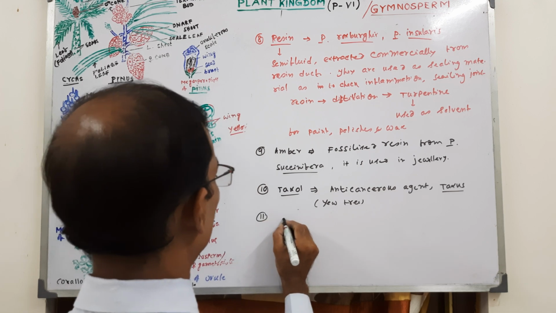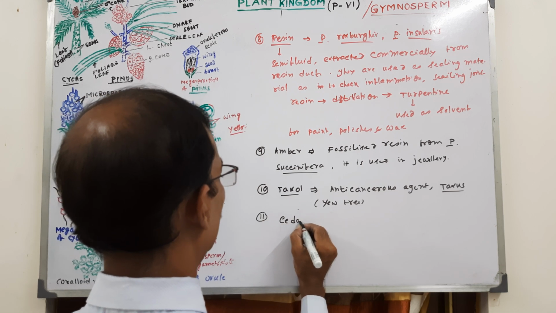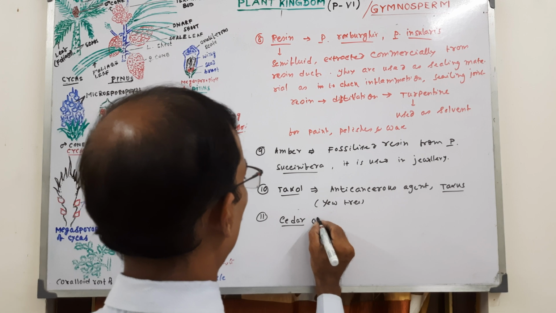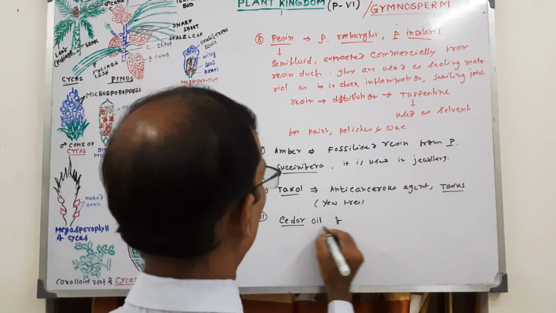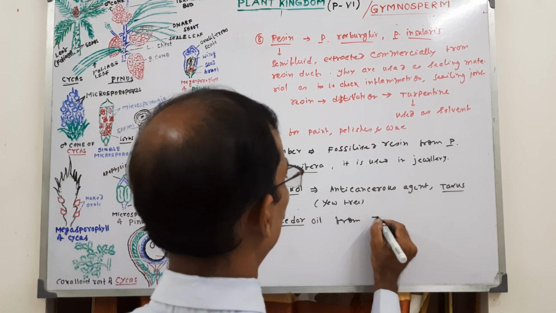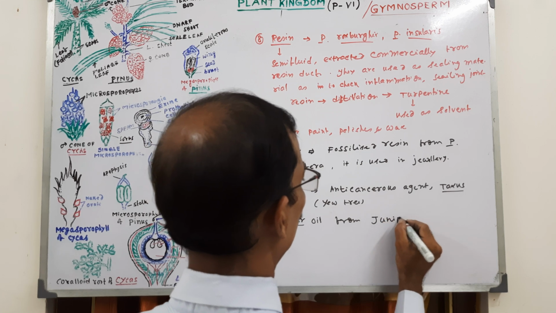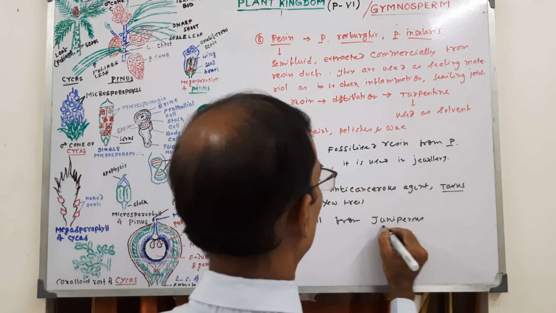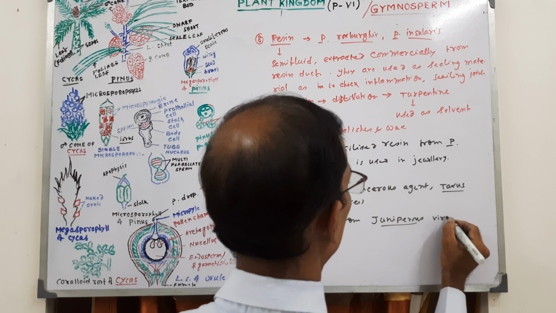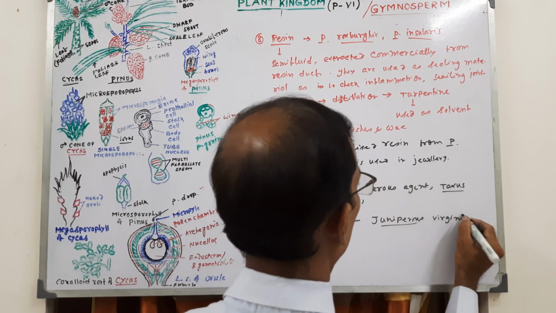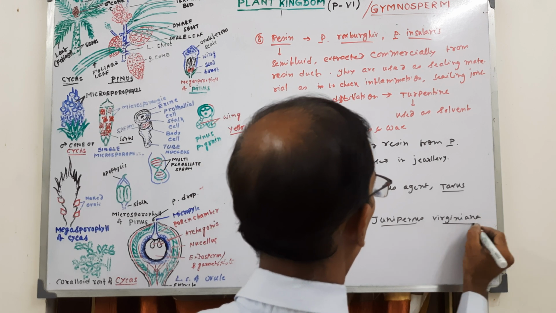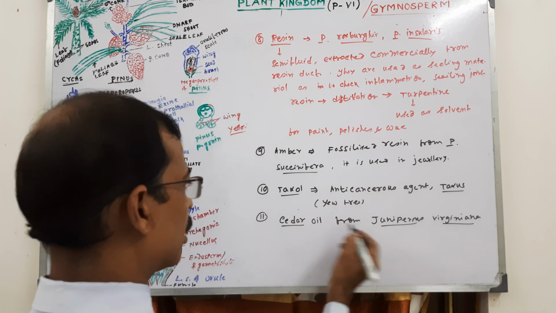Next, cedar oil from Juniperus virginiana, that is extracted from its bark.